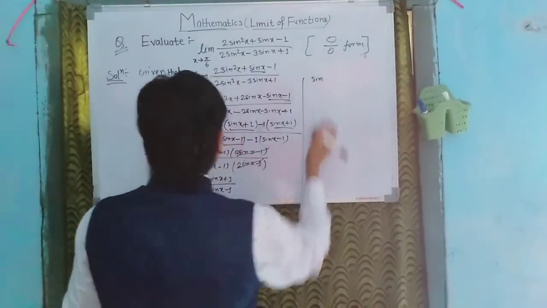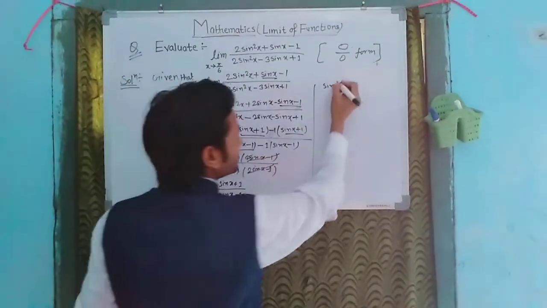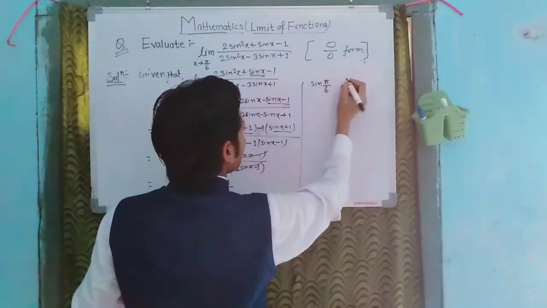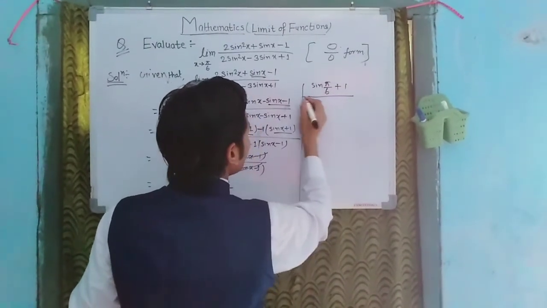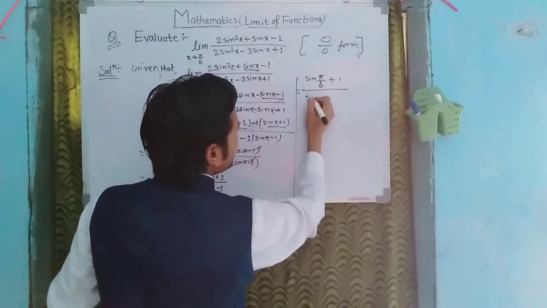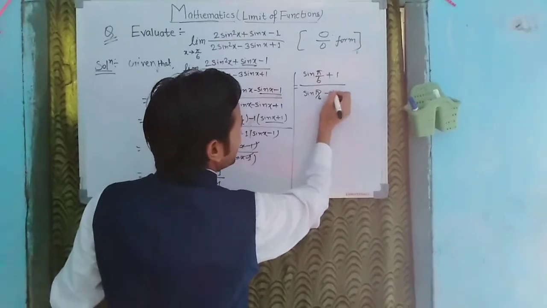So we'll write sin π/6 + 1 divided by sin π/6 − 1.